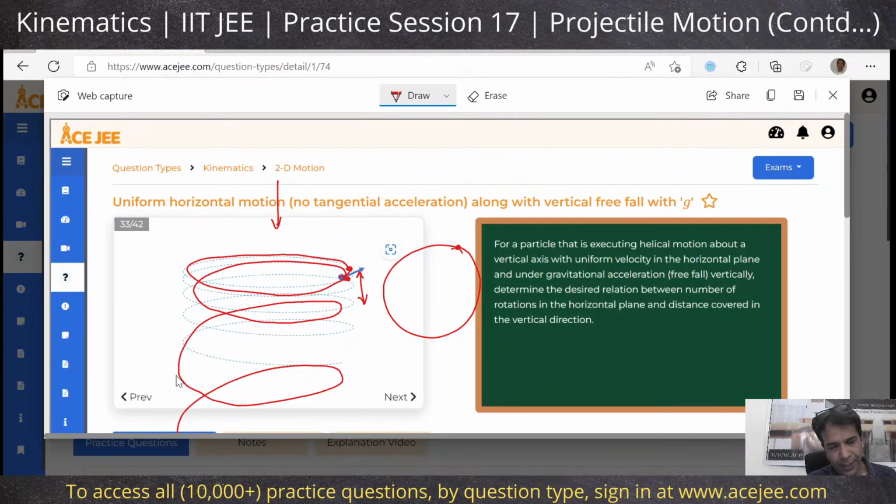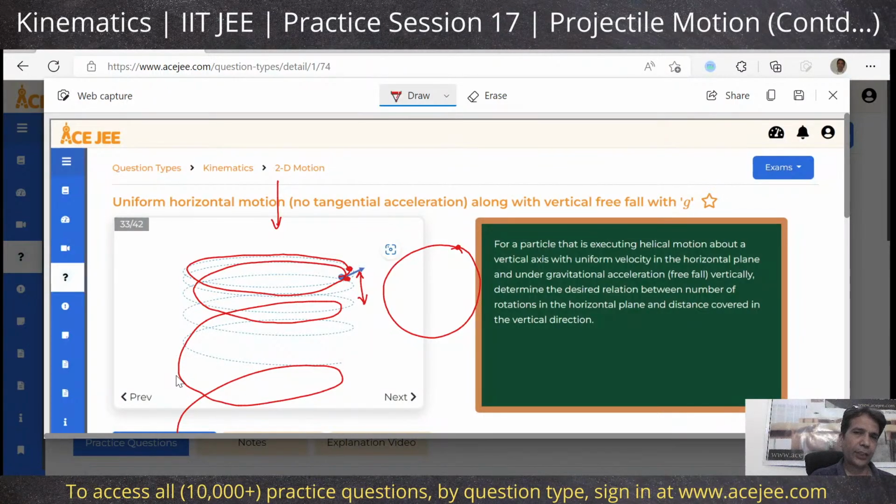Yes, sir. Now, if I were to tell you that this is no different than projectile motion, right? Will that sound strange? Let me explain. In projectile motion, what do we have? We have a particle moving in the horizontal direction, in the horizontal plane, and also moving in the vertical direction.